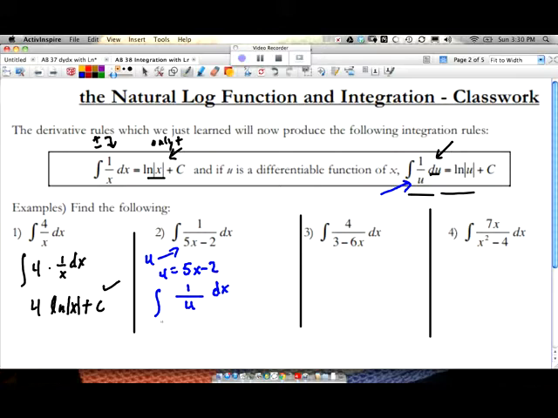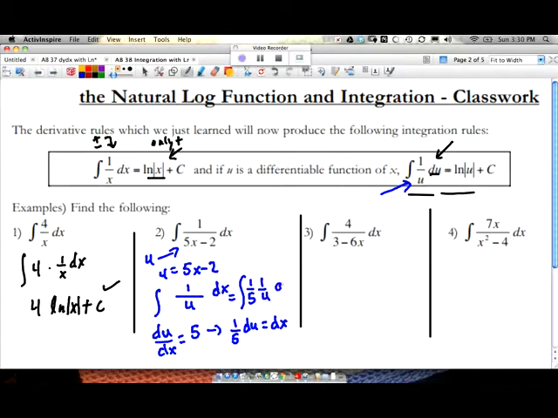So I need to take du dx. What's the derivative of u with respect to x? Well, that would just be 5. Doing some algebraic manipulation, we would get 1/5 times du is going to be our dx. So that would help me translate this even further. I'd have to have a 1/5 in here. I still have the 1 over u, that hasn't changed.